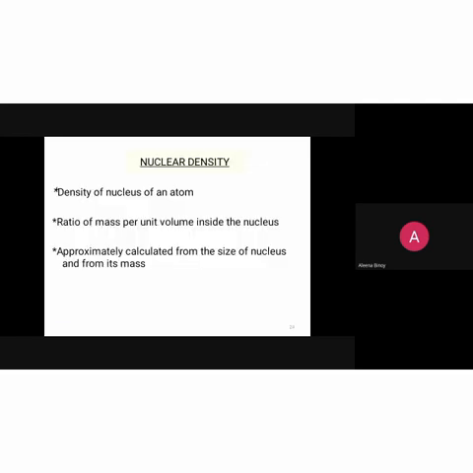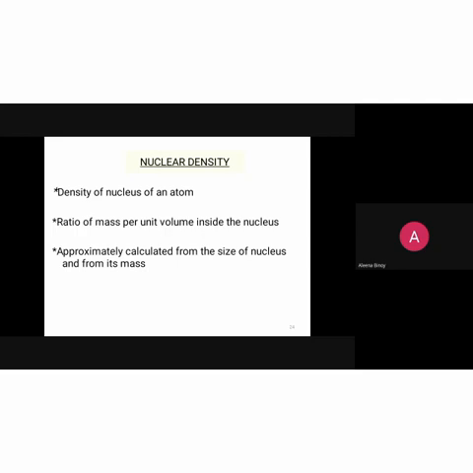Next slide, please. So nuclear density, in simple terms, is the density of the nucleus of an atom, the ratio of mass per unit volume inside the nucleus.